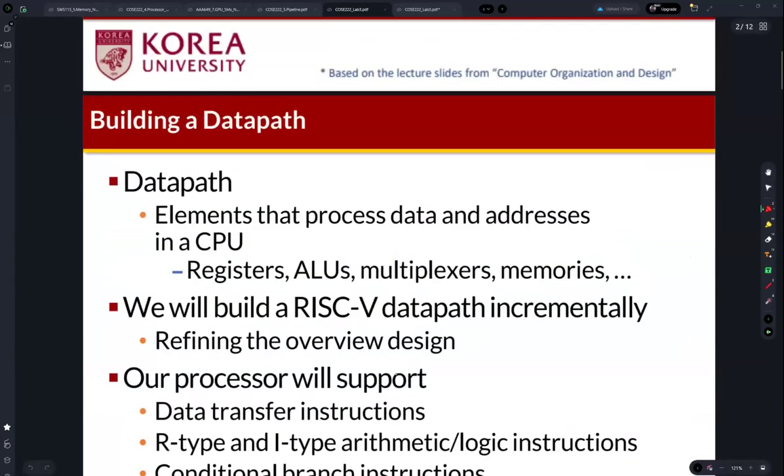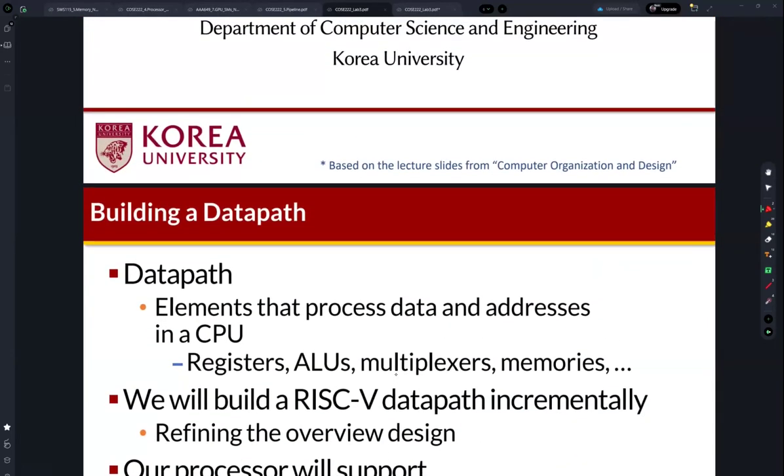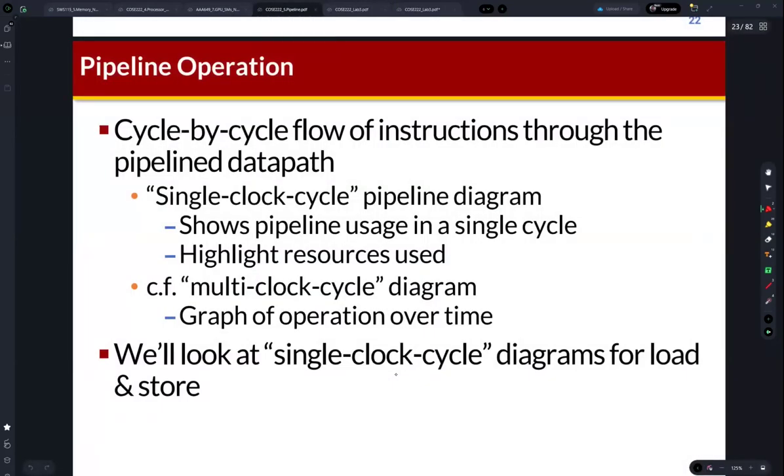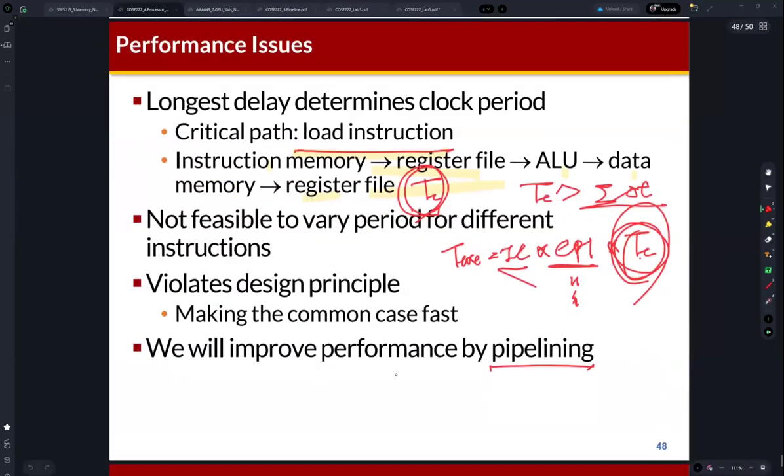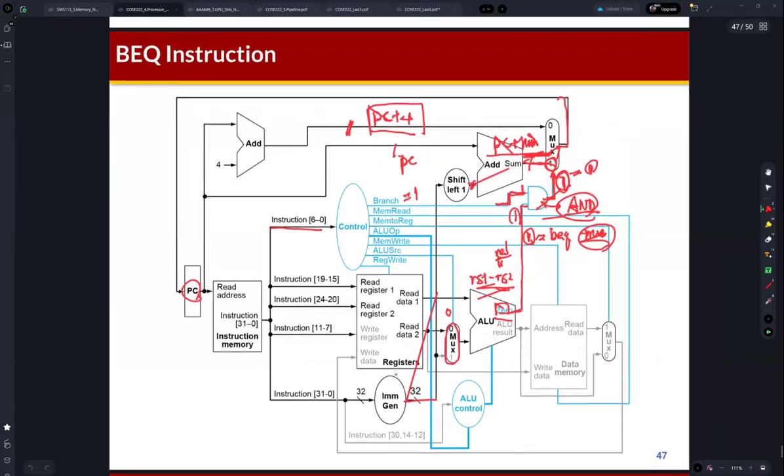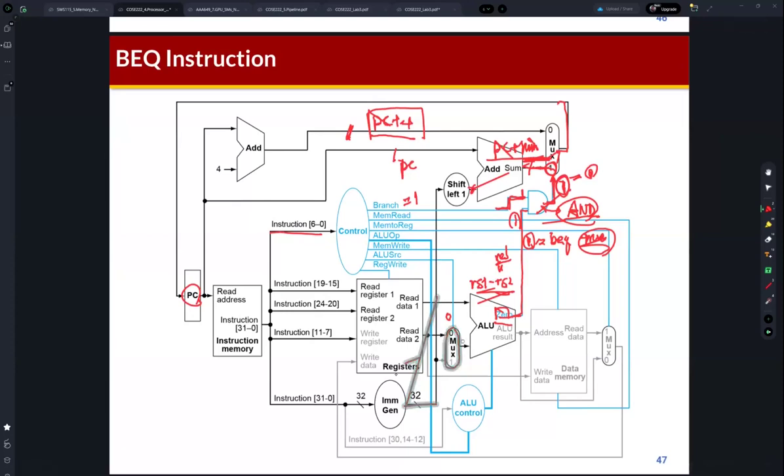So I briefly explained the lab assignment. In the previous class we completed the single cycle processor design. If you watched this video, what is the disadvantage of this single cycle processor design?